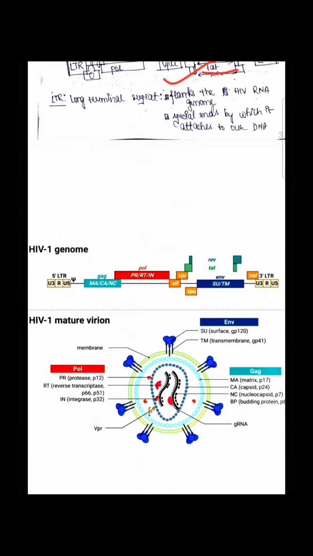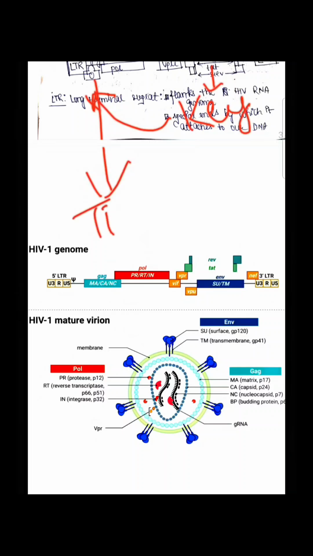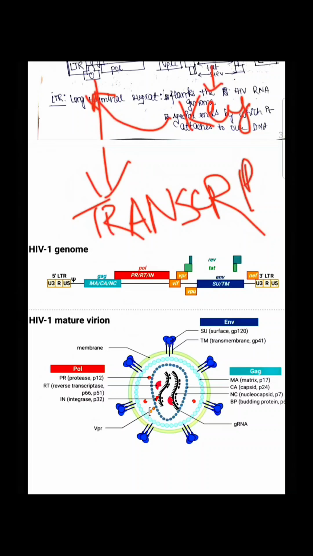This TAT goes and binds to the lock region. This TAT acts as a key which goes and binds to the lock region, and there is unlocking and there is transcription of the HIV genome.